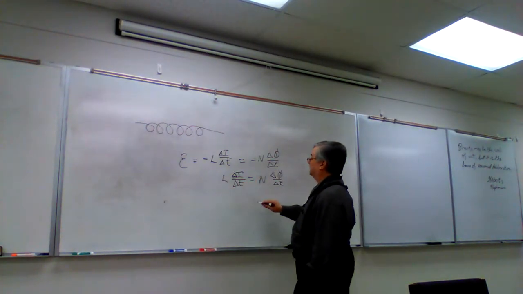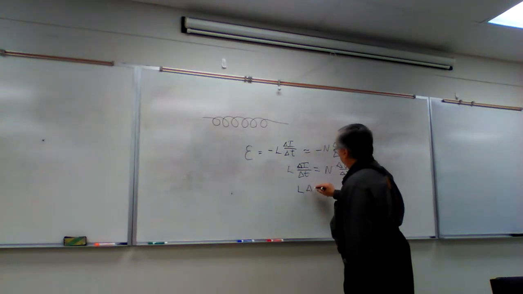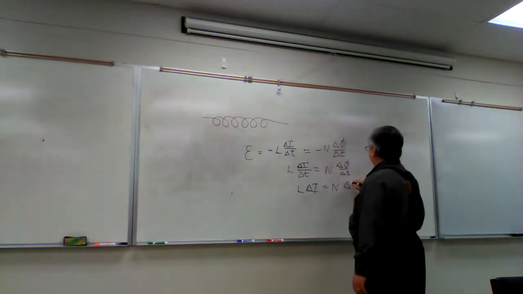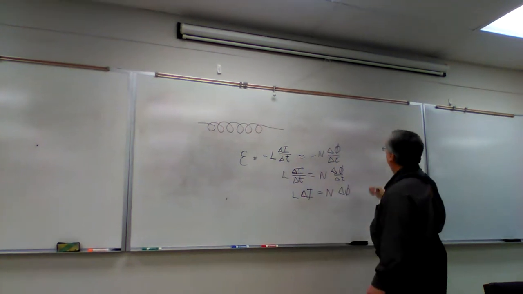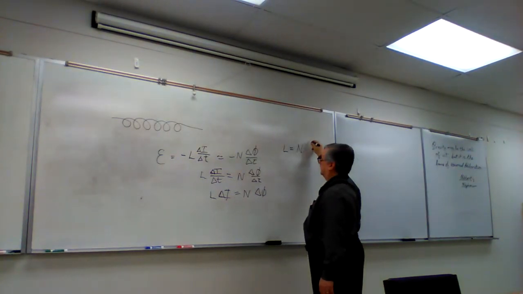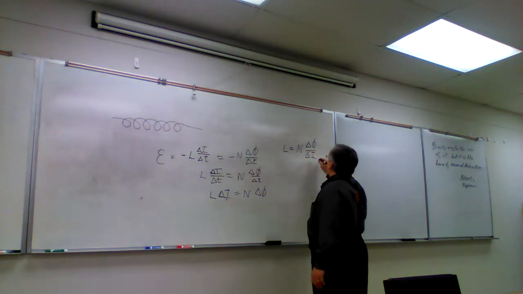Multiply through by delta T, we end up with L delta I is equal to N delta phi, and so we can write L is equal to N delta phi over delta I.